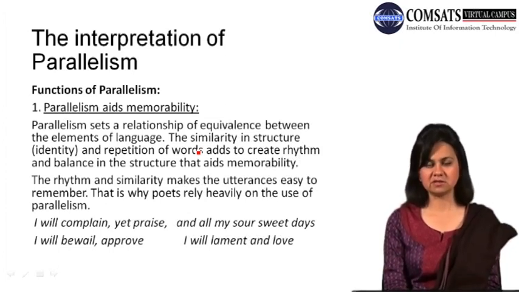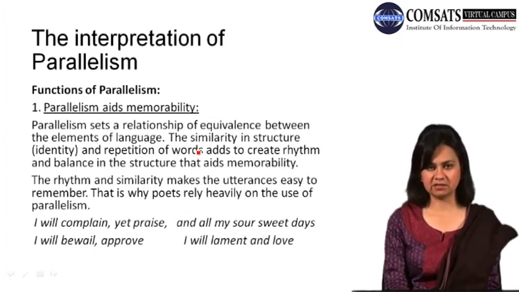Now all these verbs help to create the same balance that creates order, as he refers to the verb of complaining in the first line, then praising, bewailing, and approving, then lamenting. So complain, bewail, and lament are segmented together as three actions of the same kind that are quite tragic or sore.